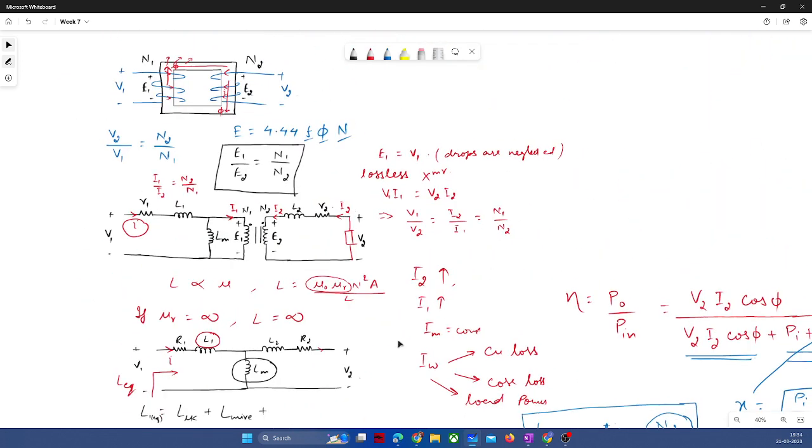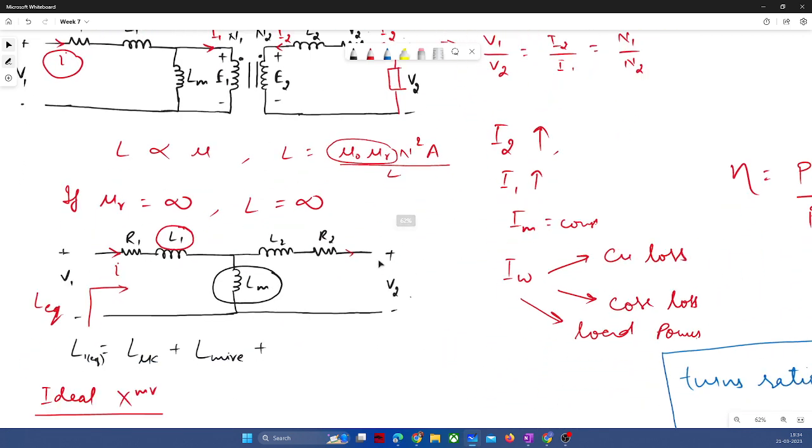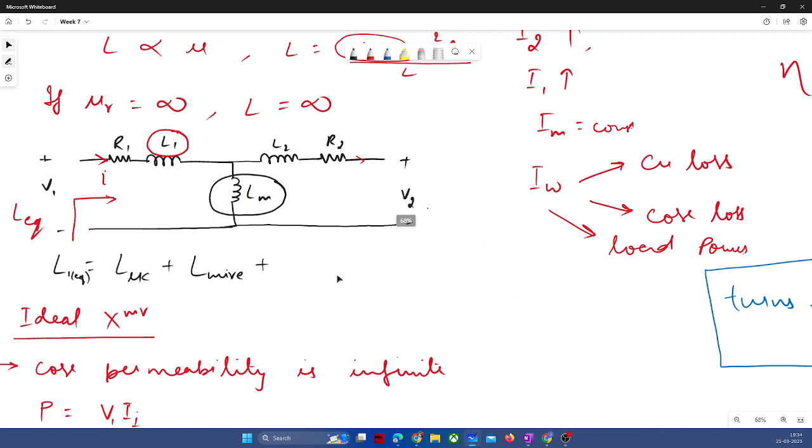So if this is the circuit here, how do we refer? We will have certain relationships.